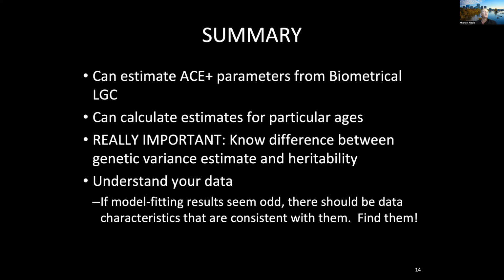And one way of improving your confidence that model fitting results are telling you something sensible about the data is to make sure that they agree with properties of the data that you can simply observe. And often there's no better place to start than some large correlation matrices between the measures or the individuals or both that you're looking at, and either within time or over time.